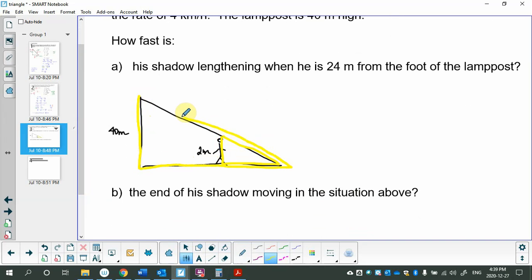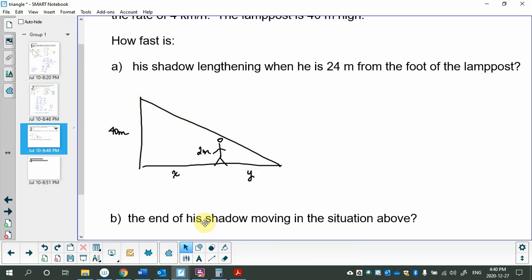Now what that means is that the way you have to tackle this question, yeah, it's temporary, is by doing similar triangles. So unfortunately, this part of the triangle we have to call something different than this part of the triangle. And I'll explain why in a minute or two.